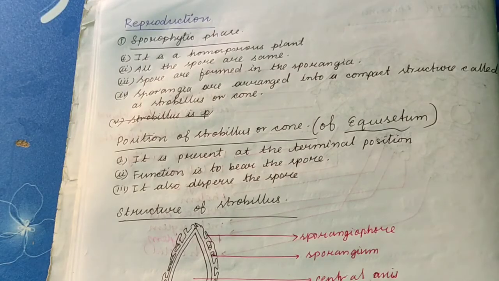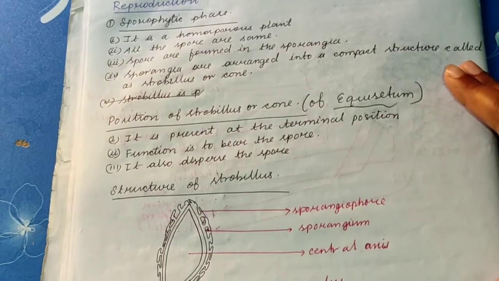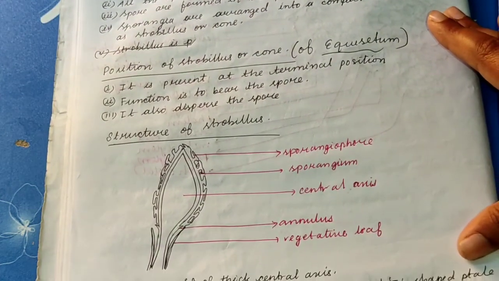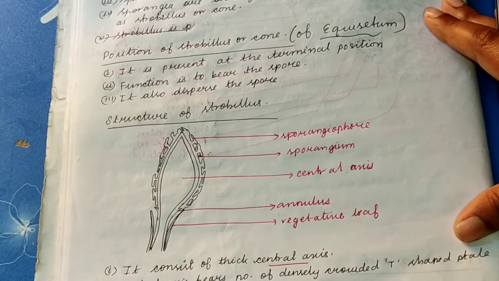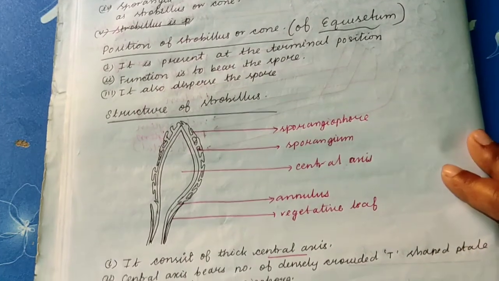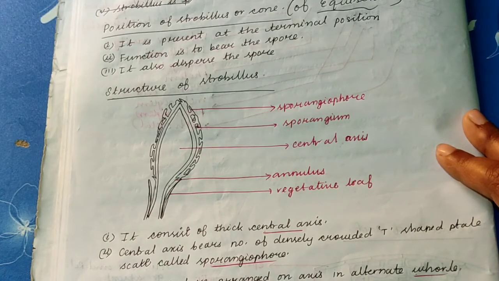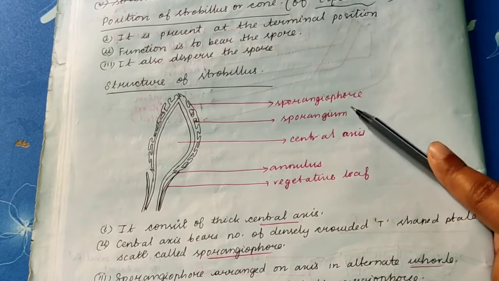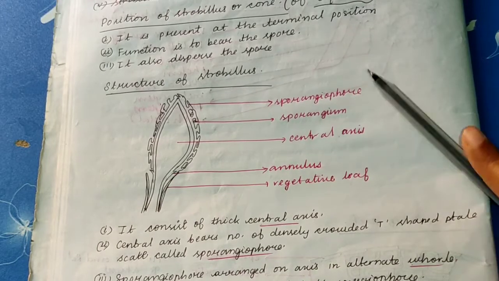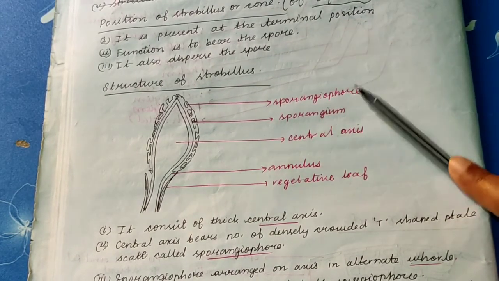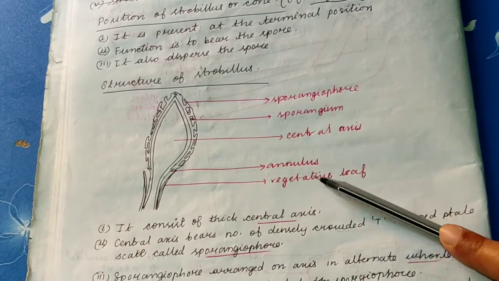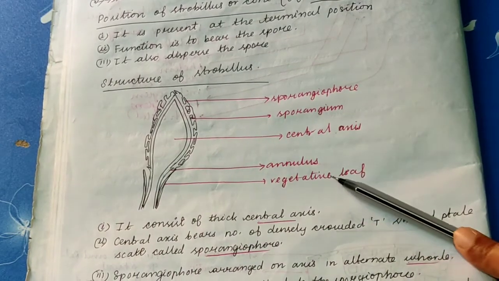So today we learnt about the position of the strobilus or cone, which is present at the terminal position of the plant, and then we saw the structure of the strobilus. The strobilus consists of central axis, sporangiophores and the sporangium. The sporangia are attached to the sporangiophores, and the sporangiophores represent the vegetative leaves.